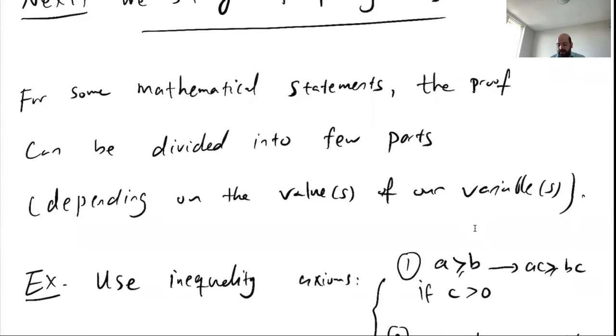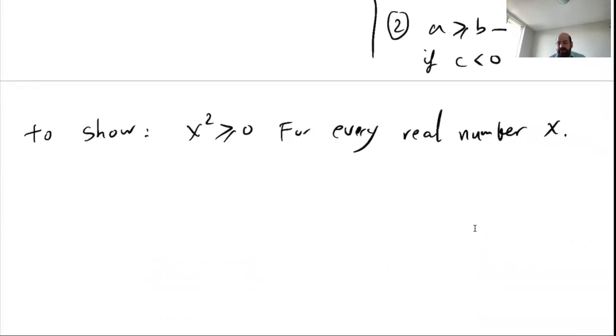So that's why we said in some statements, the proof can be divided into few parts depending on the value or values of our variable or variables. Here, depending on whether x is positive or negative, the proof will be a little bit different. So we have to adjust the proof based on the value of x. Therefore, we are going to divide the proof into few cases.